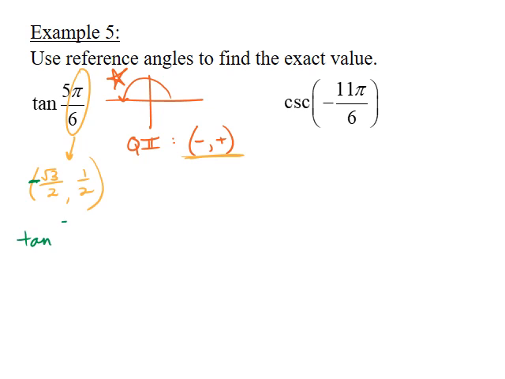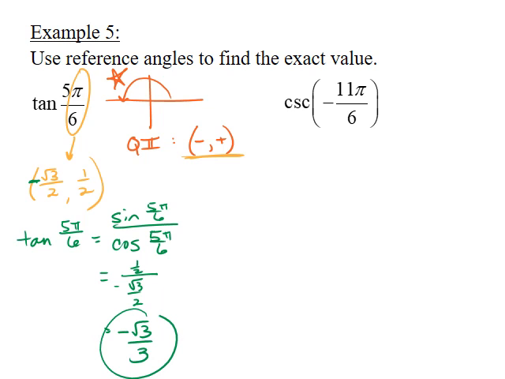Well, tangent of 5 pi over 6 is going to be sine of 5 pi over 6 over cosine of 5 pi over 6, which in this case is 1/2 over negative root 3 over 2. Once we simplify and rationalize, we end up with this equaling negative root 3 over 3. This happens to be one that you should memorize.